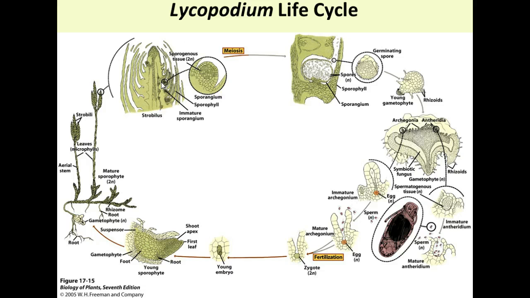So this should look somewhat familiar. We're building on previous life cycles we've already talked about, right? Some themes continue: you have the archegonia and the antheridia within the gametophyte tissue, which produce the eggs and sperm that come together to form the zygote. And then that sporophyte, once it's mature, is going to produce spores through meiosis.